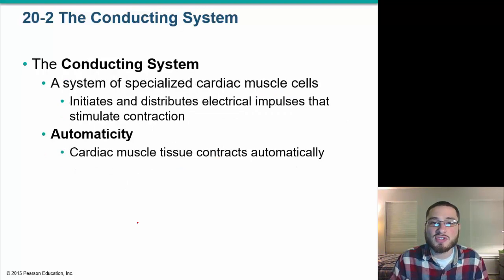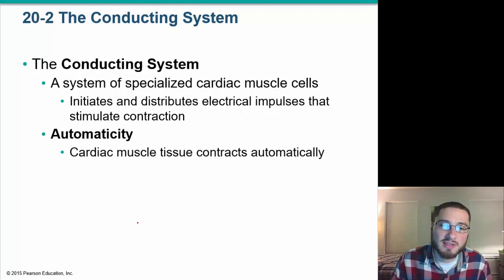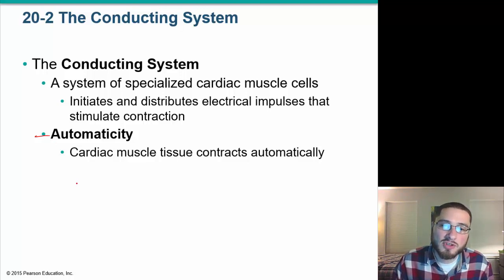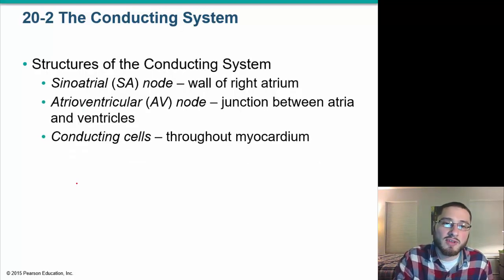The conducting system, a system of specialized cardiac muscles, initiates and distributes the electrical impulses that stimulate the contraction. So it has its own flow to it, and it does it on its own. We call that automaticity, and the cardiac muscle tissue contracts automatically. That's what that means.